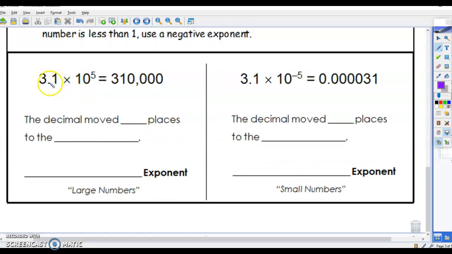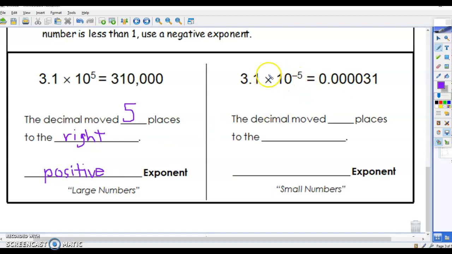So this is moving 5 spaces to the right. We are multiplying by 10 5 times. And that's going to make this go 5 place values bigger. Positive exponent for the larger numbers.